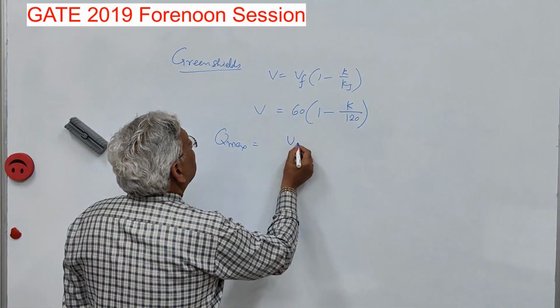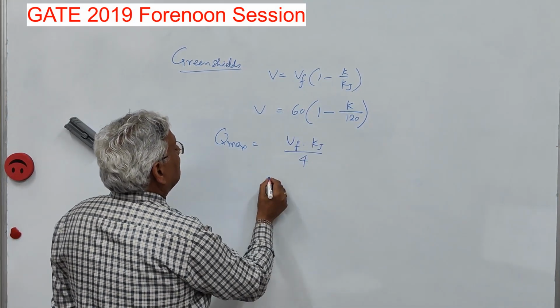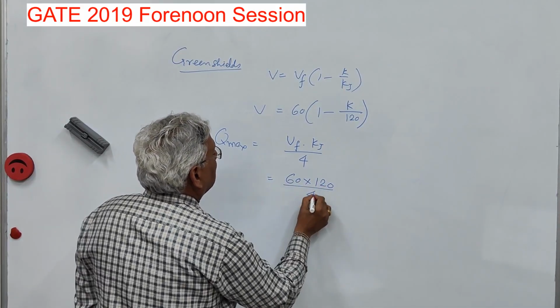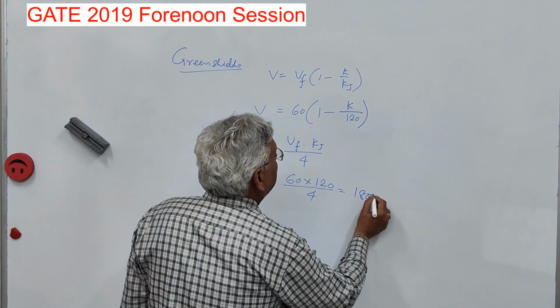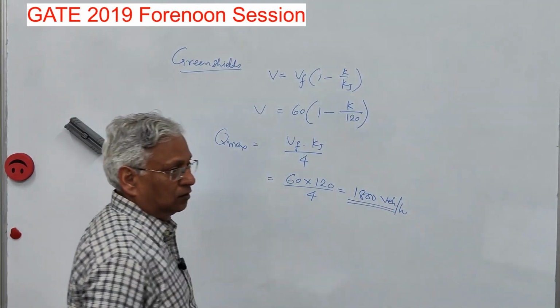Means it is Vf into Kj upon 4. This is 60 into 120 upon 4, which is 1800 vehicles per hour. That is the maximum flow that can occur on this road.